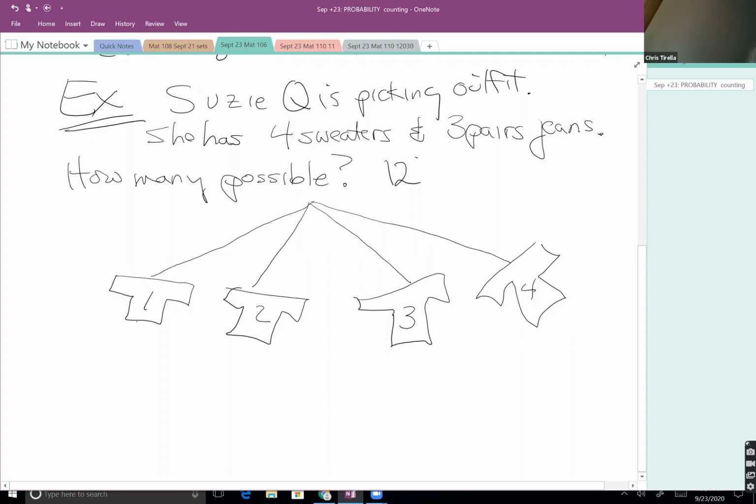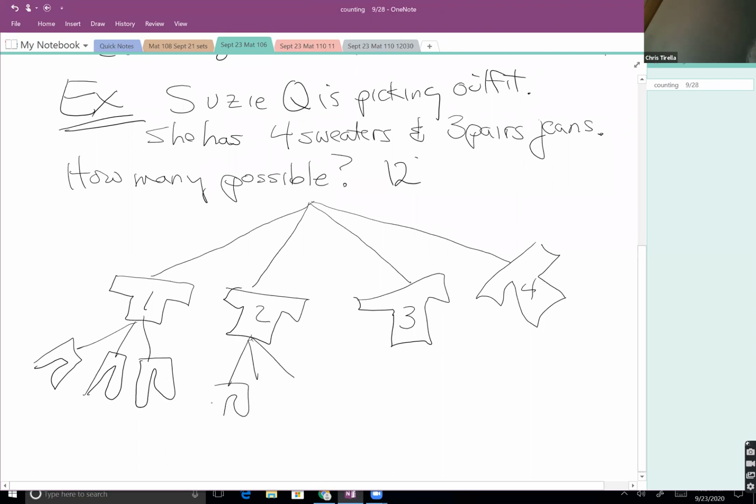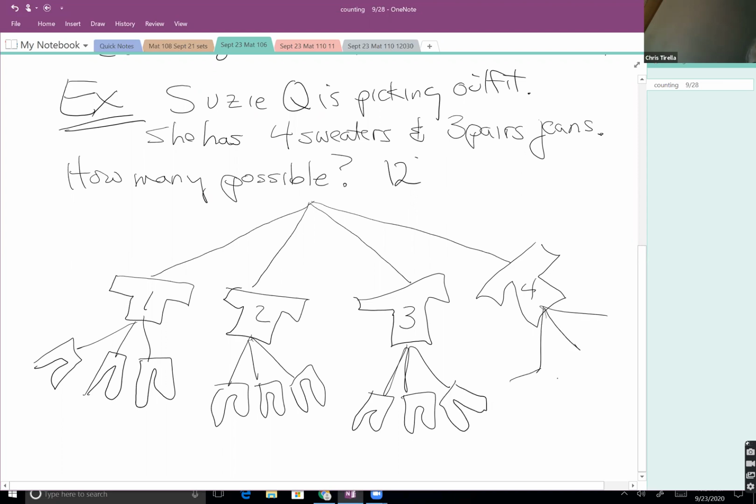And then if she wears sweater 1, she has 3 pairs of pants she can pick from. If she wears sweater 2, she has 3 pairs of pants she can pick from. If she wears sweater 3, she has 3 pairs of pants. And if she wears sweater 4, she has 3 pairs of pants.